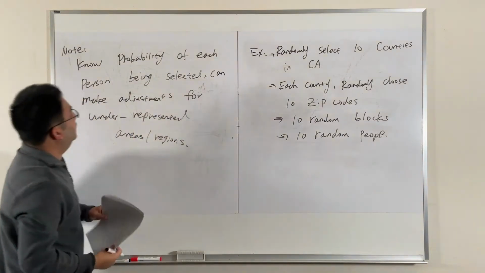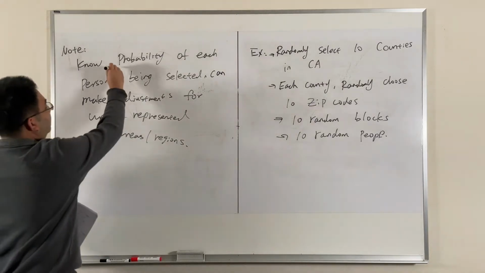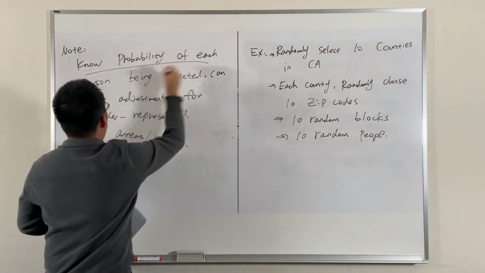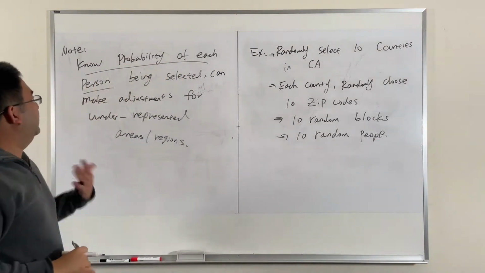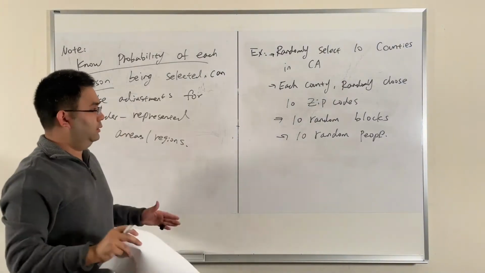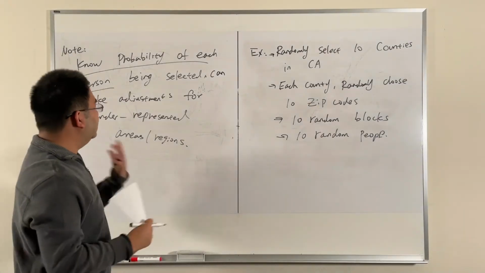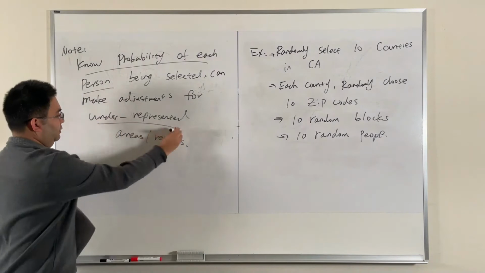The key concept here is that knowing the probability of each single person being selected is important, because we're still under probability sampling. So with this method, we can easily make adjustments for those underrepresented areas.